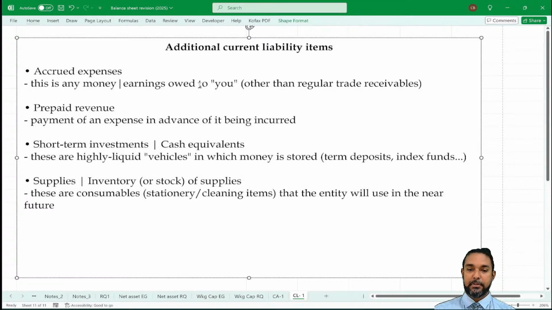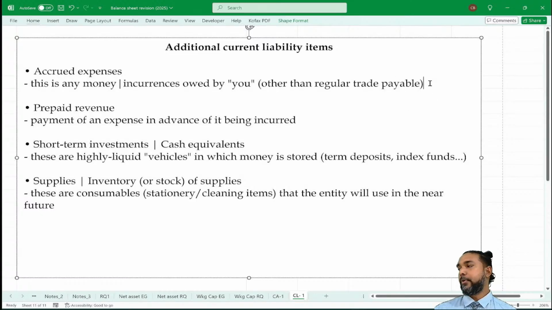So this is any money or occurrences owed by you, right? So if you owe money for electricity, insurance, wages and salaries, office expenses, motor expenses, whatever you owe money for except inventory, that goes under accrued expenses, right?